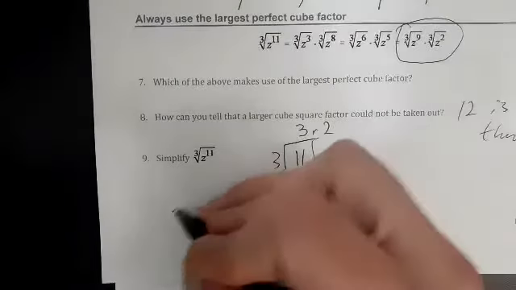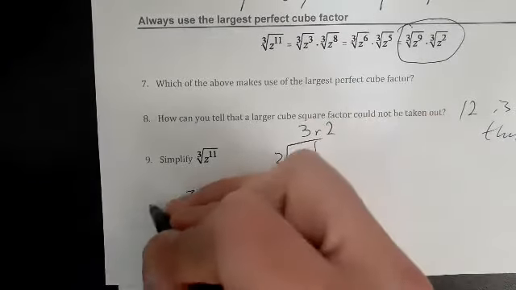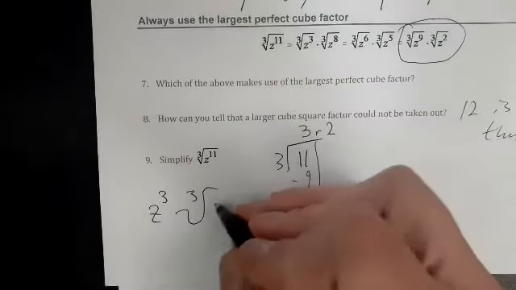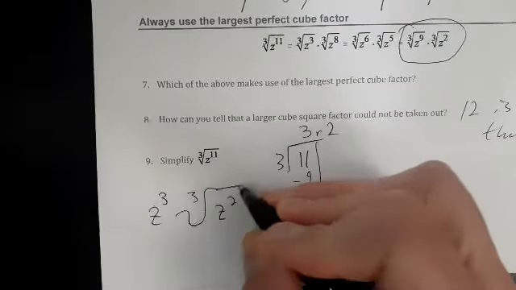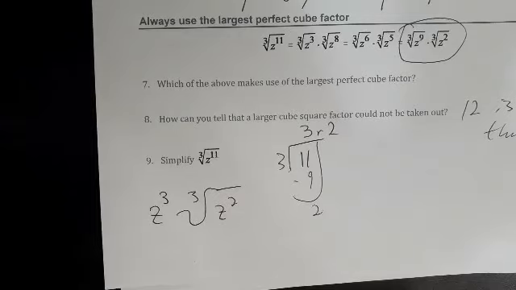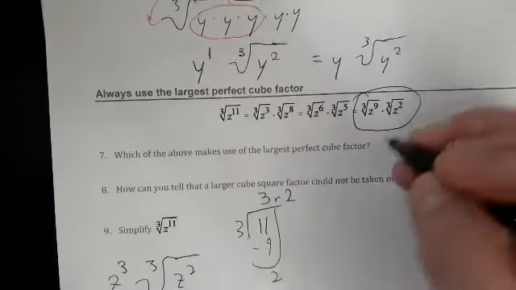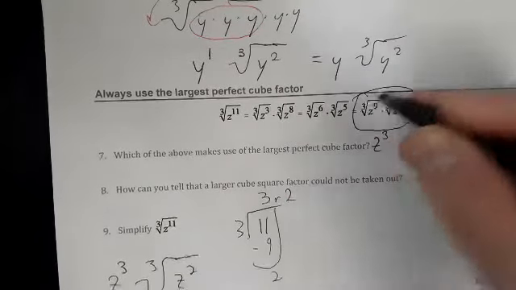So if I'm doing a cube root, I can take out 3. So 3 groups are coming out, and I'm going to have 2 remaining. And if you do it their way, you're going to get z to the 3rd right here for 9 divided by 3.